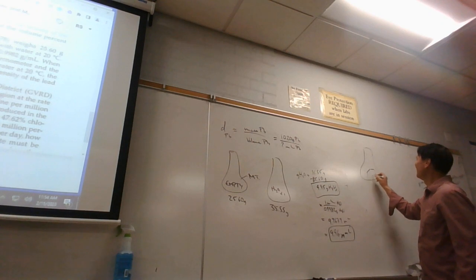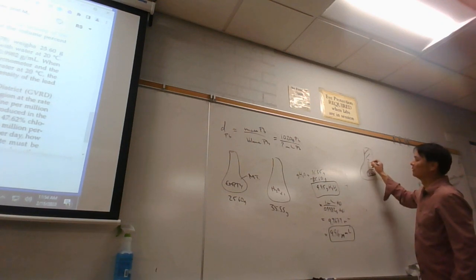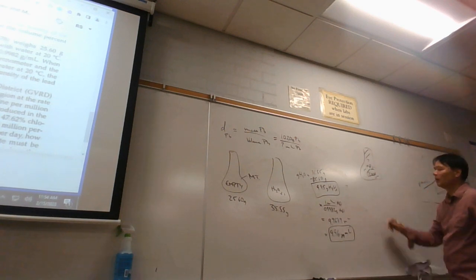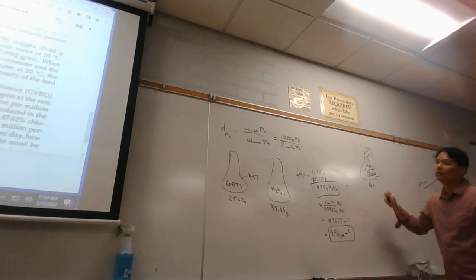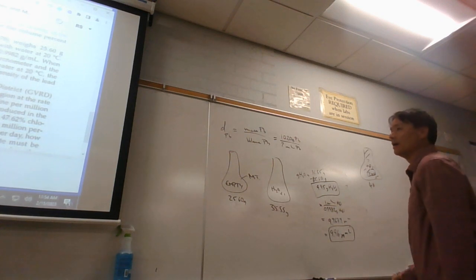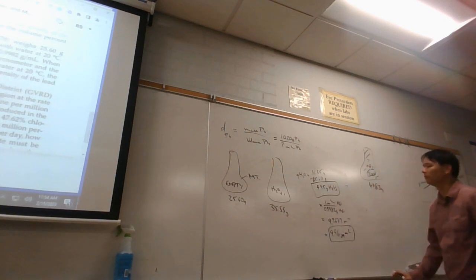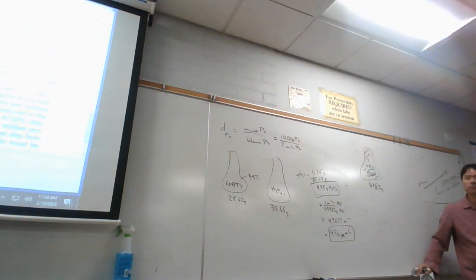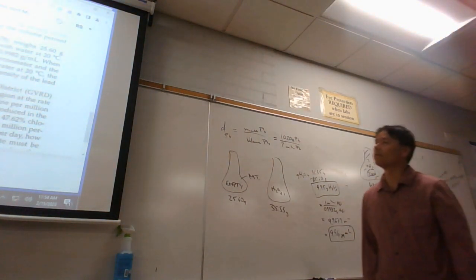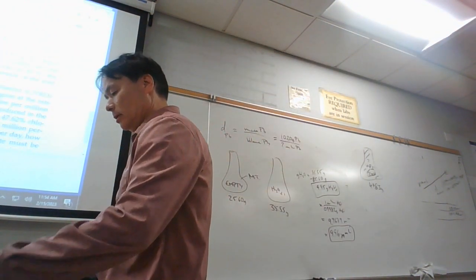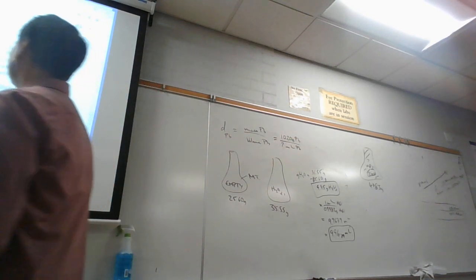So we're going to have some lead in here, solid, and water, liquid. And the total mass is 44.83 grams. What is the density of lead?